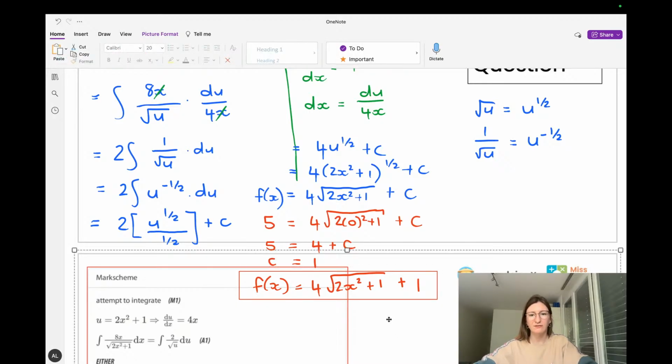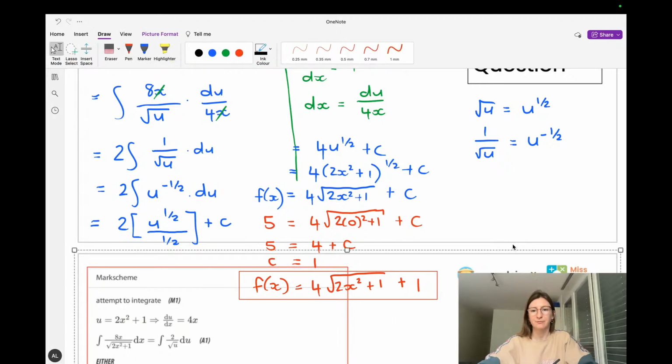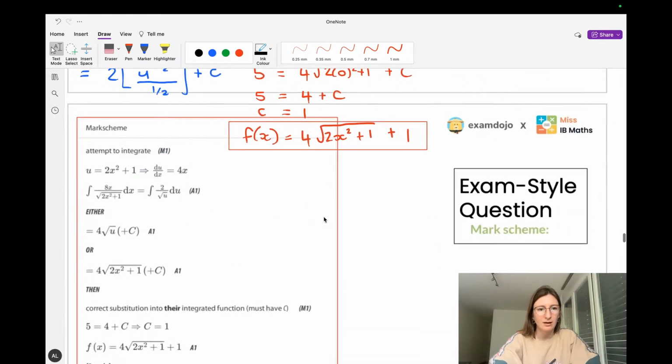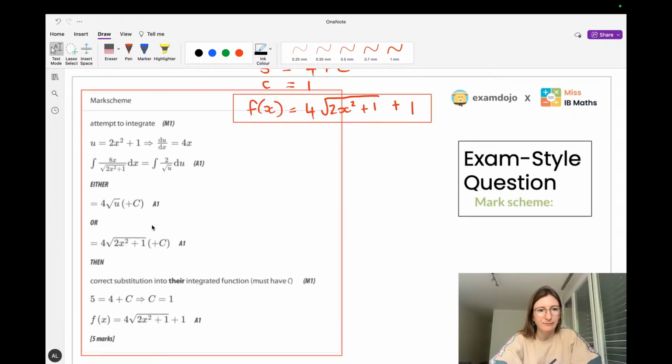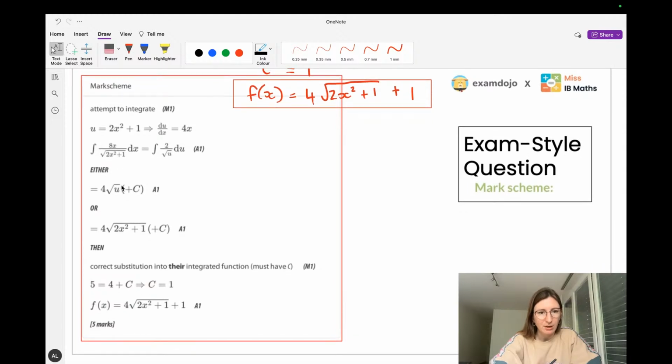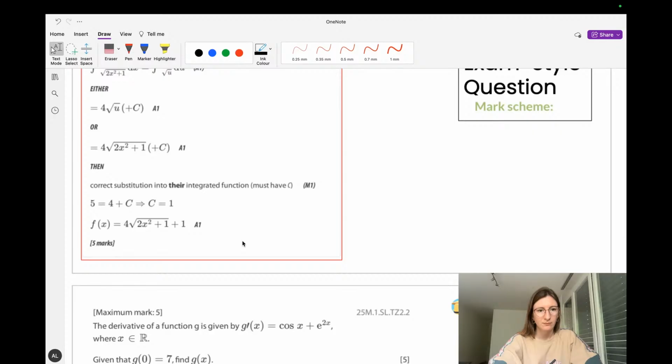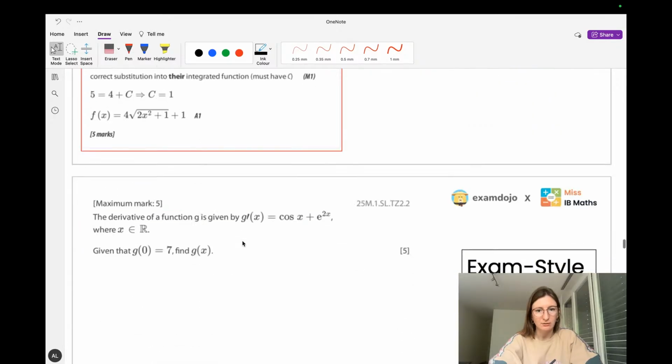That is our final function. That's our answer. In our mark scheme, an attempt to integrate, making your u substitution, just quite a few method marks there. Yeah, nothing too interesting or crazy there.